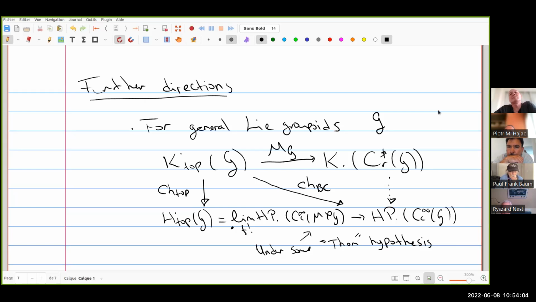And if BC holds for K-theory, then it also holds for periodic cyclic homology. If you take this local periodic cyclic homology, it's kind of a corollary of the one for C-star algebras.